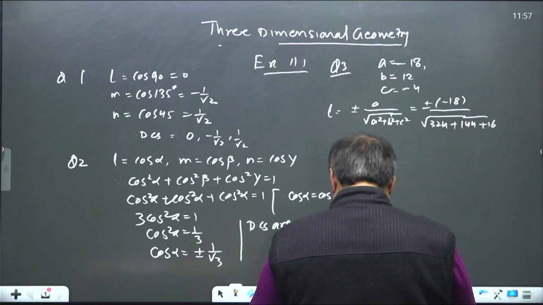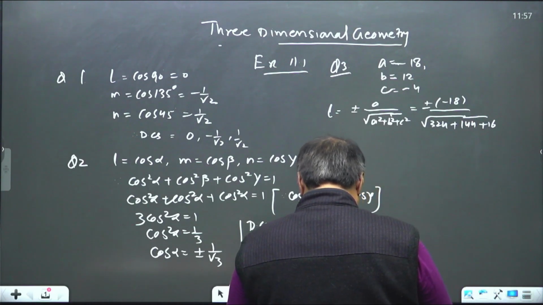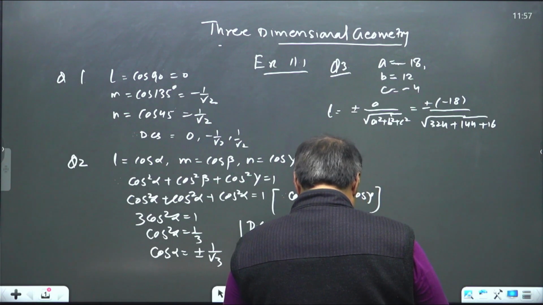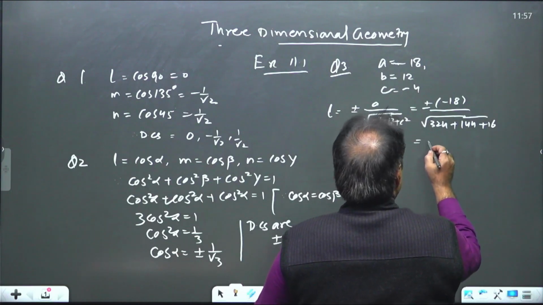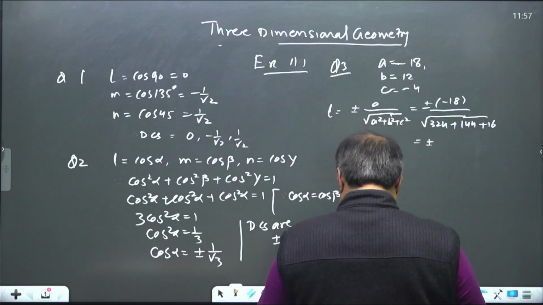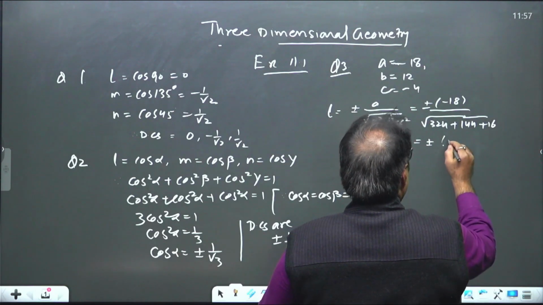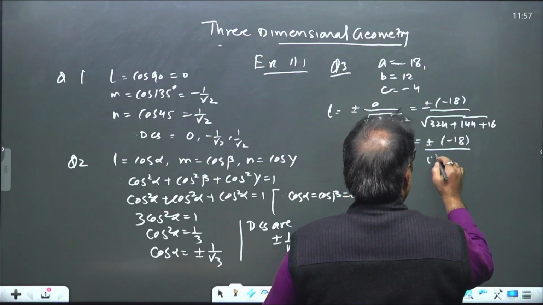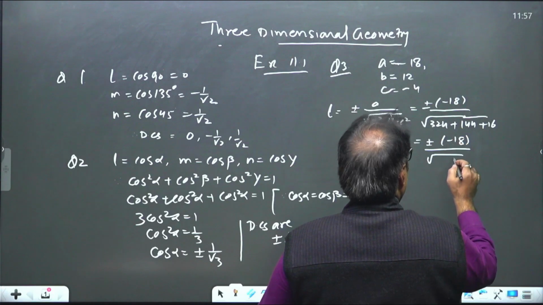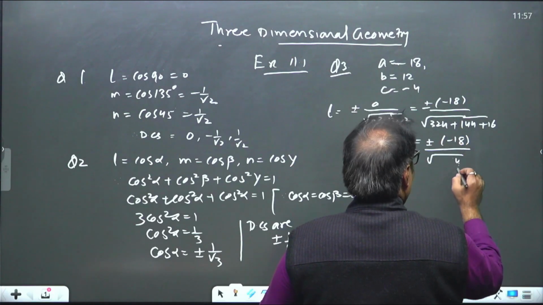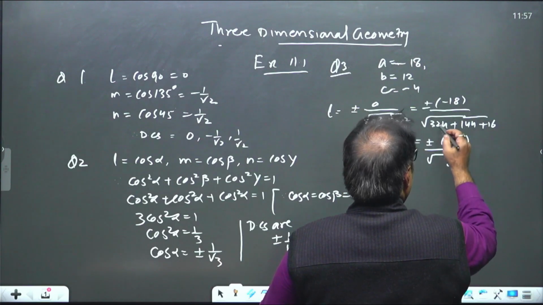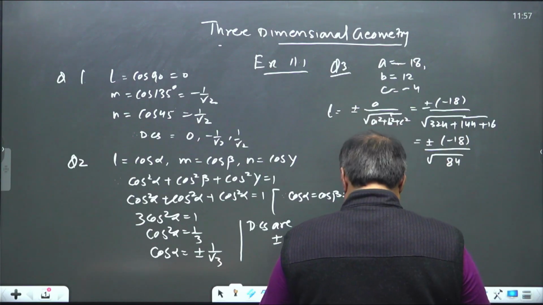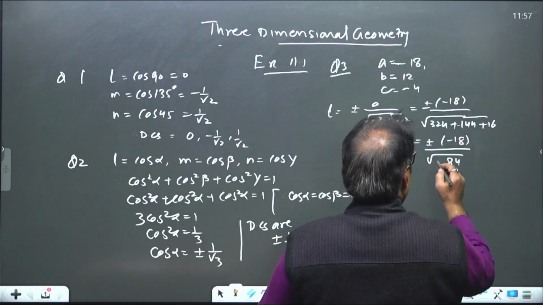So finally this will be equal to plus minus minus 18 divided by root over 484.